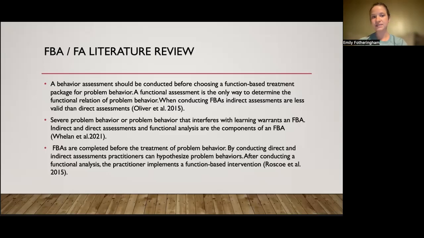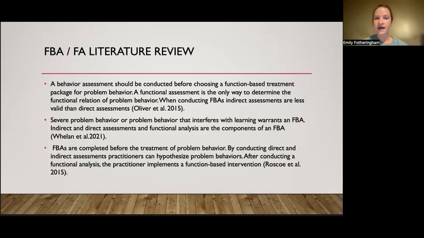Functional behavior assessments are completed before the treatment of problem behavior. By conducting direct and indirect assessments, practitioners can hypothesize problem behaviors. After conducting a functional analysis, the practitioner implements a function-based intervention. This was from Roscoe, 2015.